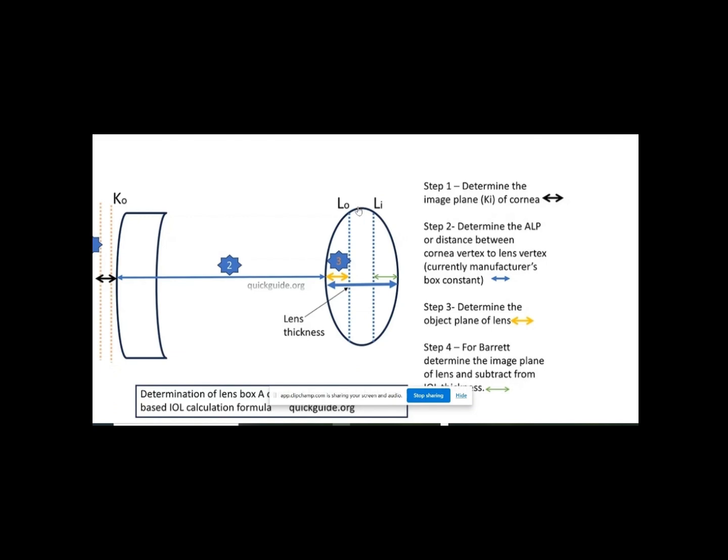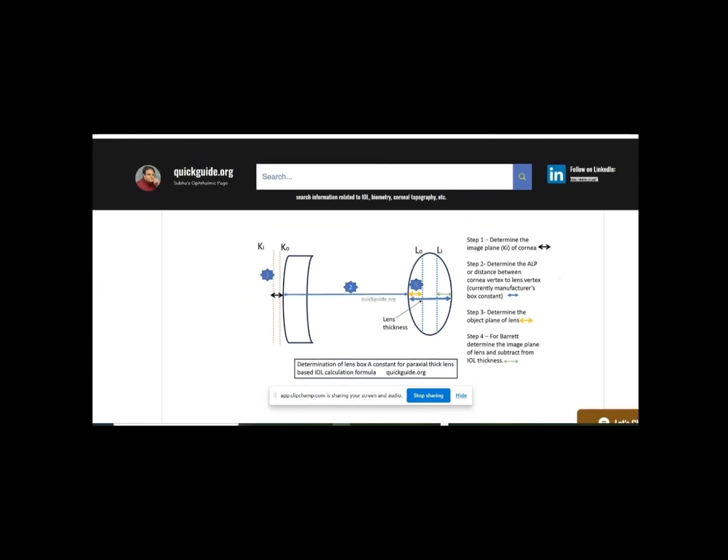Since a thin lens considers only one plane of refraction, the A constant is calculated from the cornea to that plane, which usually is a little anterior. But in a thick lens, the A constant is towards the second principal plane of refraction. For example, in Barrett, it is the distance from the iris towards the second principal plane of refraction. Now this you can follow.